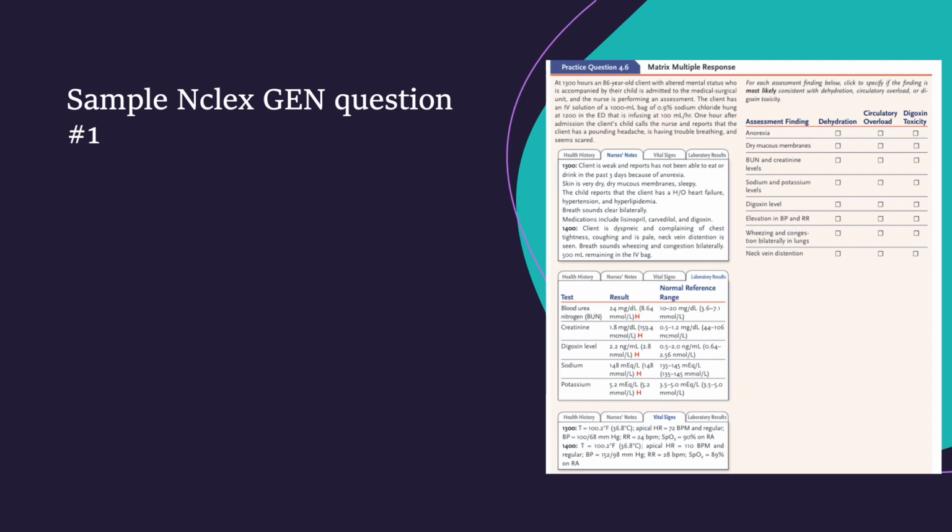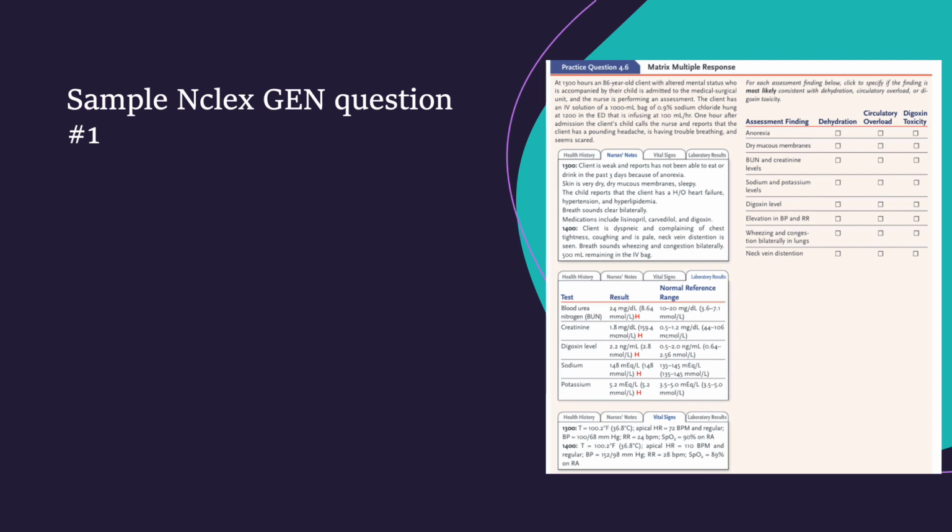Well, no water is being let out, so sodium's not being let out either, because there is no water for it to follow. So your sodium level is going to be very high because that patient does not have enough fluids. All of that is going to be dehydration.